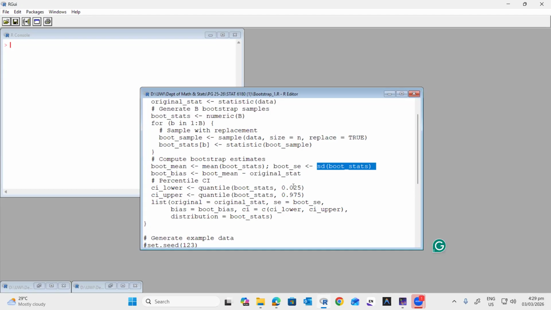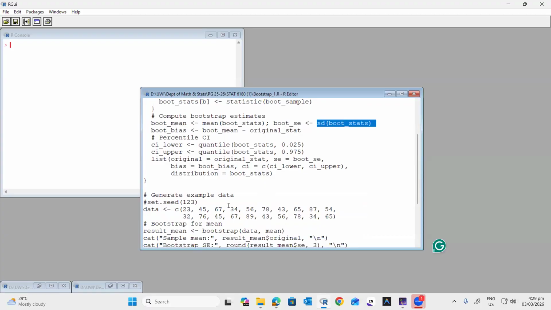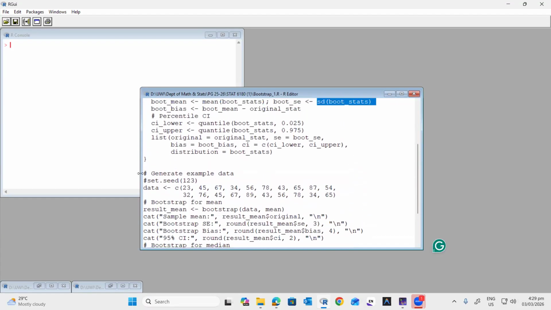The lower side will be 0.025, and the upper will be the quantile of the bootstrap at 0.975. In the list, I'm going to store all the values: original statistic, standard error, bias, confidence interval, and the distribution that I'm going to check. After that, I close the function.